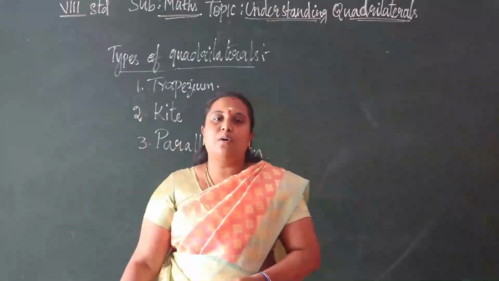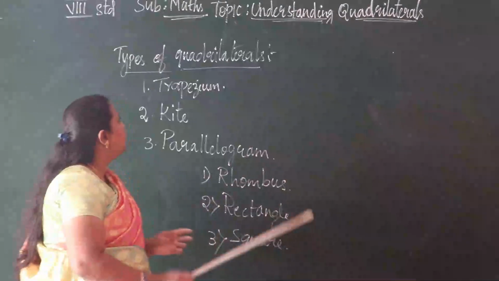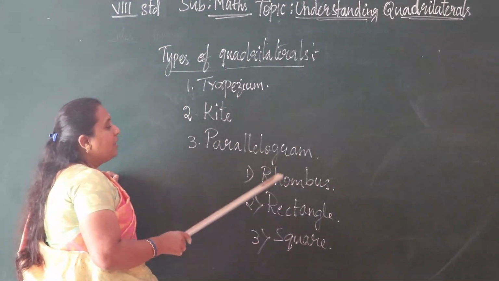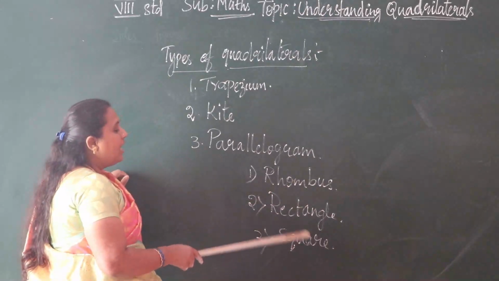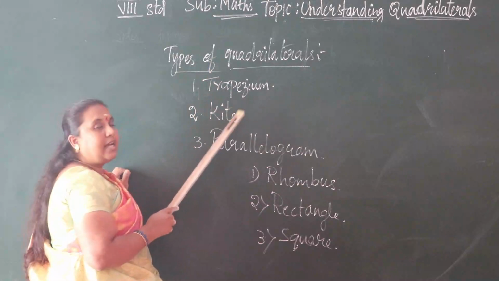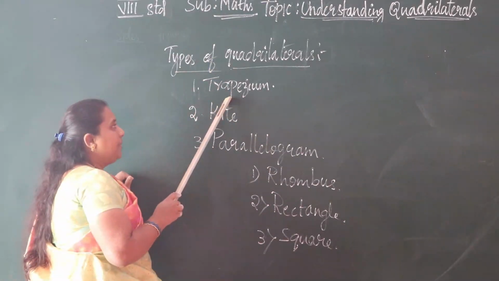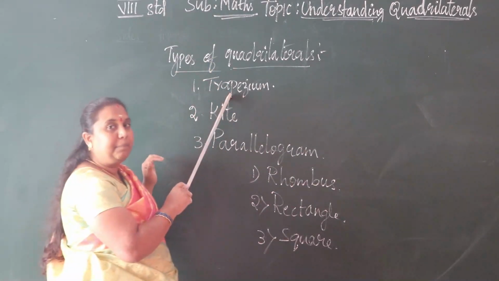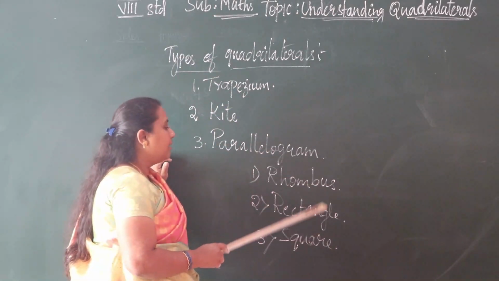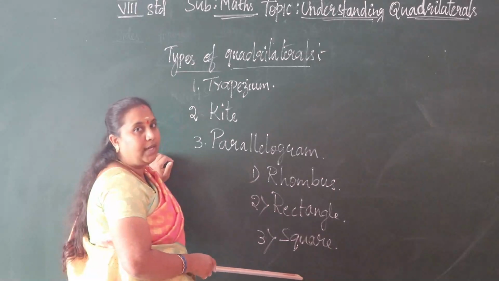What are the kinds of quadrilaterals? Trapezium, kite, parallelogram, rhombus, rectangle and square. Say the names again: trapezium, kite, parallelogram, rhombus, rectangle and square.